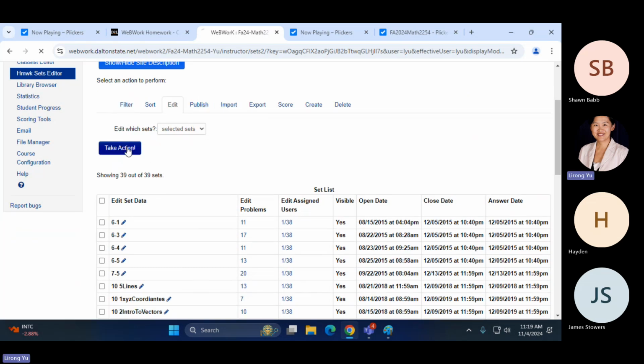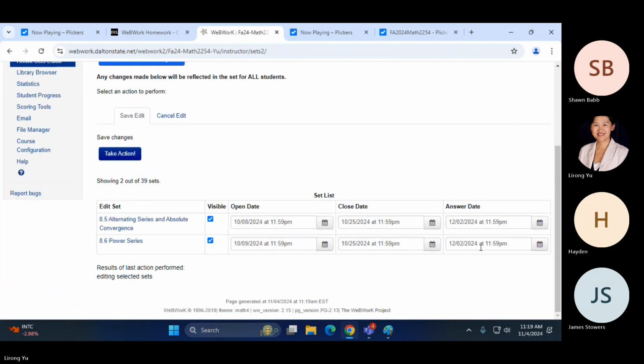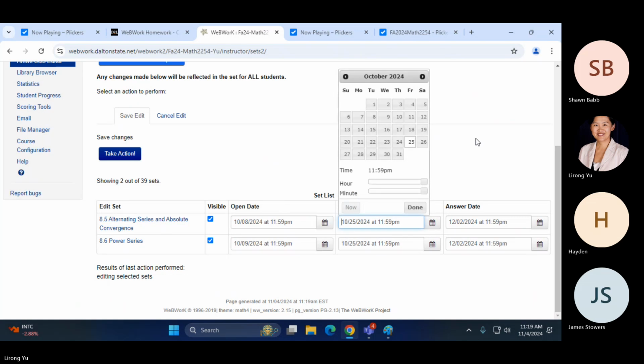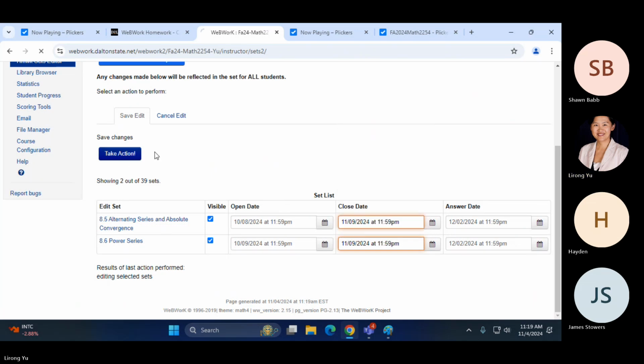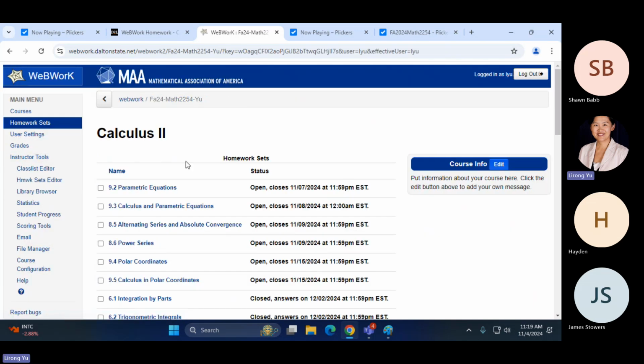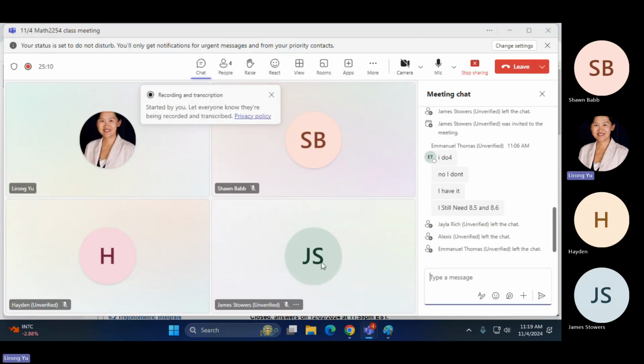You change the date. Let me have it open to the 9th for this month. See if you can finish before the 9th. Is that okay?